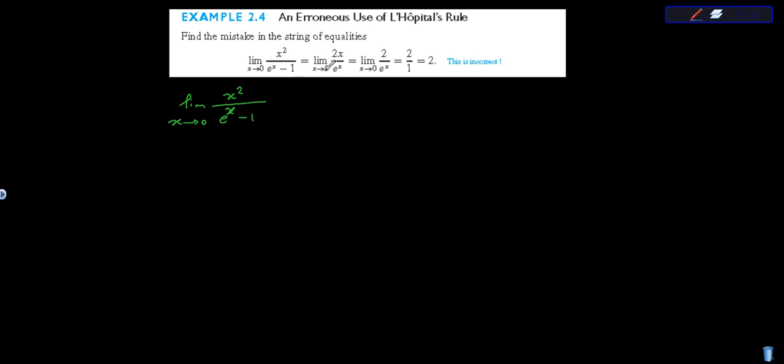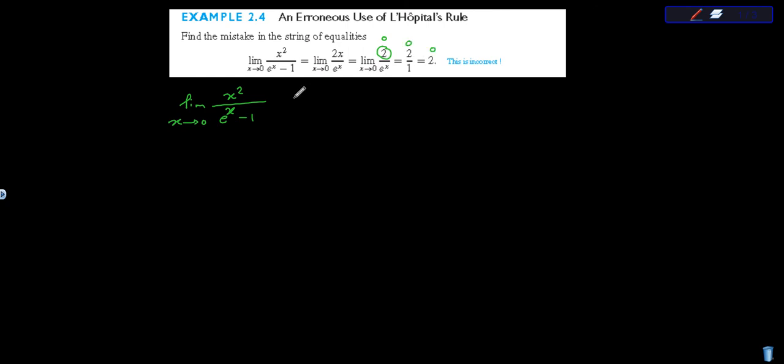Okay, when we substitute x by 0, we get 2 times 0, which is 0. I think here is the mistake, because it should be 0, not 2. To get the final answer, I think here the final answer is 0.